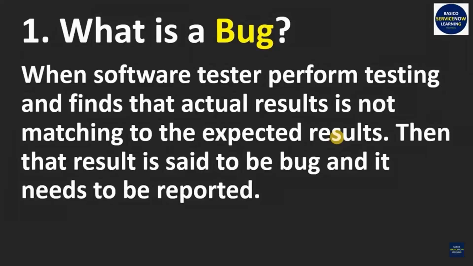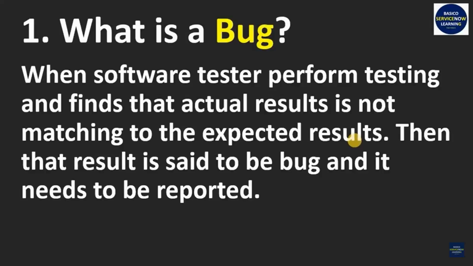So friends, when a software tester performs testing and finds that the actual result is not matching the expected result, then the result is said to be a bug and it needs to be reported. For example, if you have to send an email to person XYZ, and you mark him as a recipient, write some email and click on the send button.